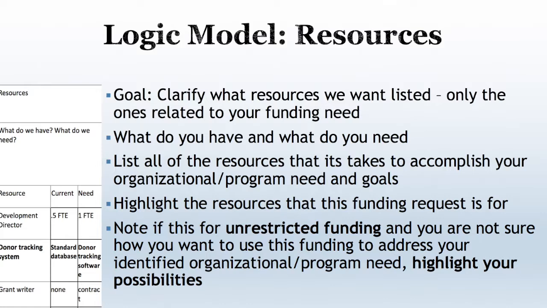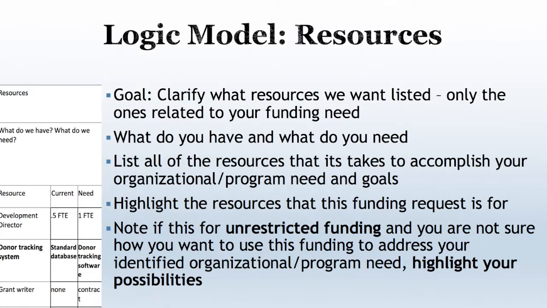So currently our development director is half-time, our donor tracking system is a standard database, and we don't have a grant writer. The need, and this is what we want, is one full-time development director. We want a donor tracking software system, and we want a contract grant writer.